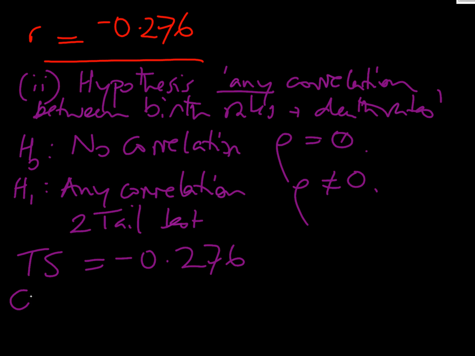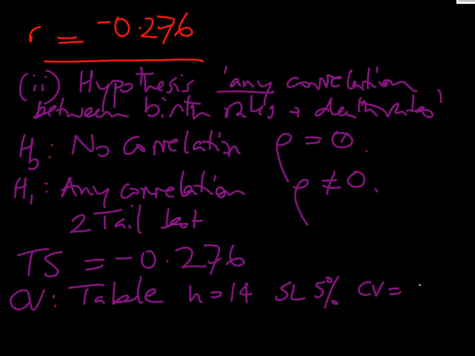Here, two-tailed test. Our test statistic, well, we've worked that already, is 0.276, and we now need our critical values, so that means we need to go to the Pearson table. We've got n equals 14 countries, and our significance level is 5% with a two-tailed test, so bear in mind 2.5% in each tail, but that's not what we look up in the table.